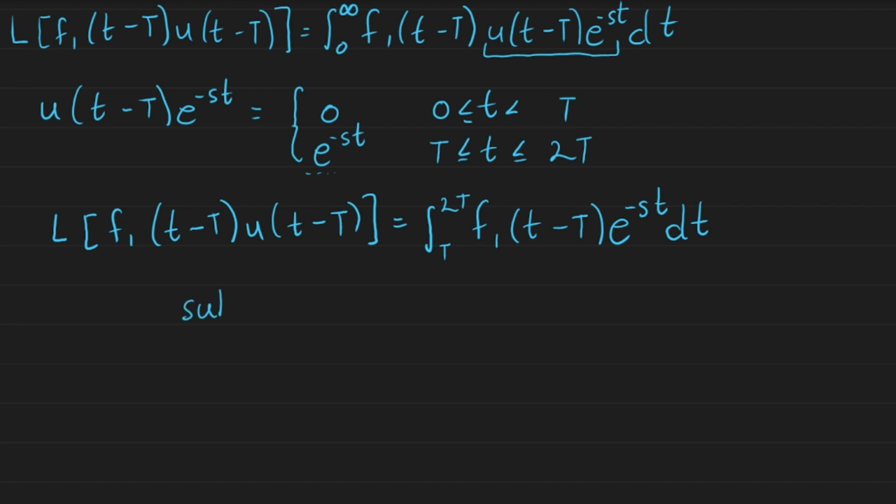We will substitute v, and say v is equal to t - T. What that means is that t is equal to capital T plus v, and it also implies that dv is equal to dt. So we can write this integral in this manner.